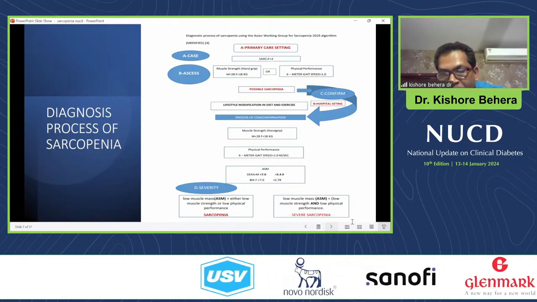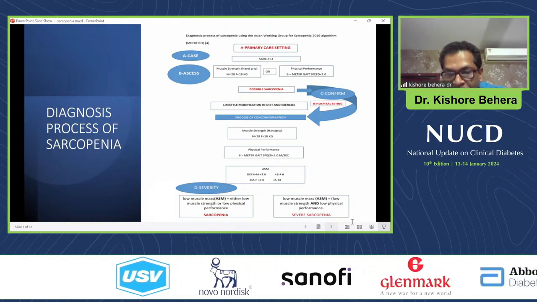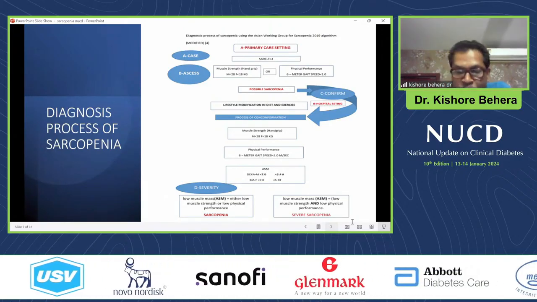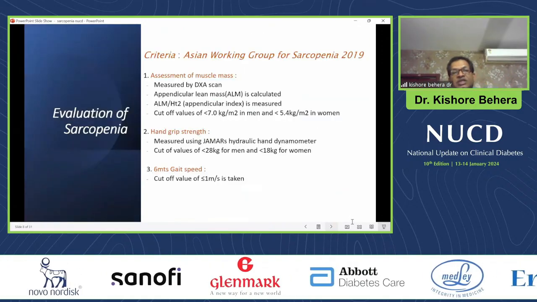If we have all 3 components, then it is severe sarcopenia, which has increased morbidity and mortality.